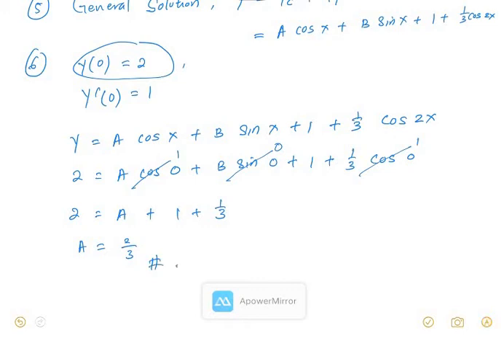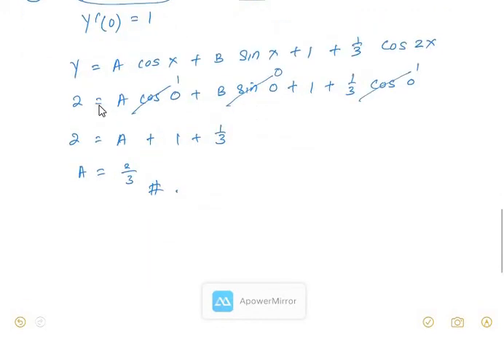Okay. Next, we go to the y prime equal to 1 when x equal to 0. So this means that when you say y prime 0, what? You need to differentiate the equation y, then only you can get the y prime. After that, you can just substitute the initial value. So what is the y prime?